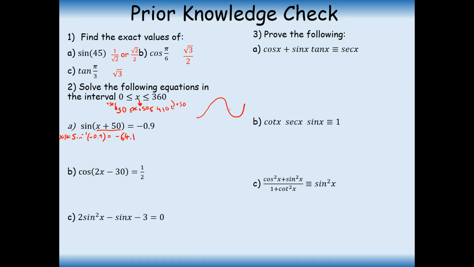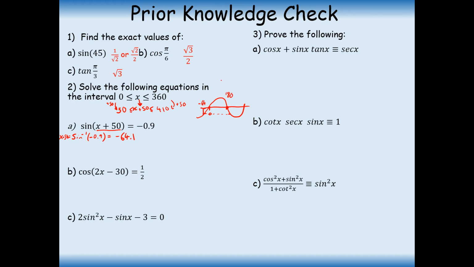So what we have to do is think about the sine curve. The sine curve repeats itself every 360 degrees. This would be the 0 degrees here and negative 64. So it would repeat itself over here. However much we went back from 0 degrees, we go forward from 180 degrees.